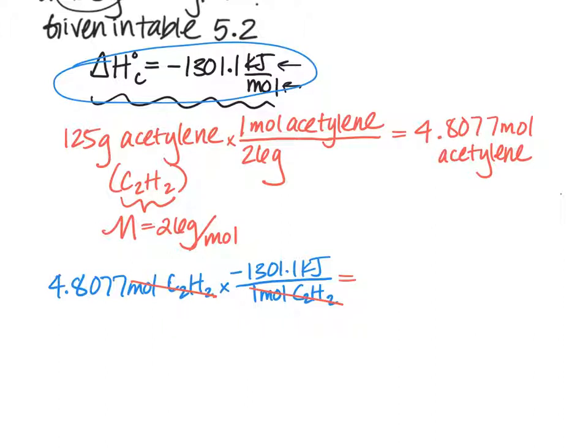So I'm going to take my 4.8077 moles of acetylene, multiply it by the negative 1301.1. That gives me negative 6255.3 kilojoules approximately. And if you check your answer at the bottom of 5.10, this is essentially the same number. It's just given in scientific notation.